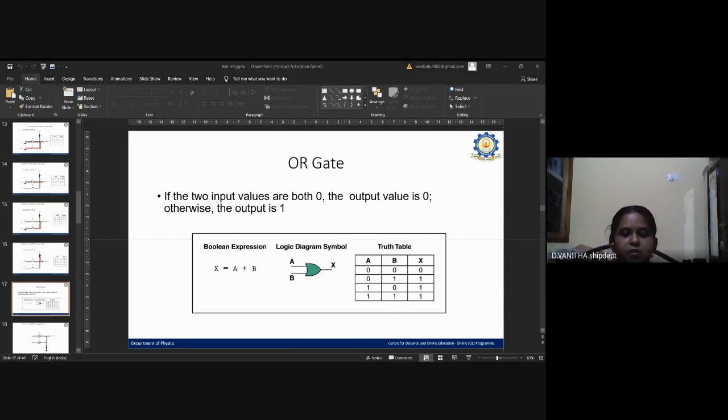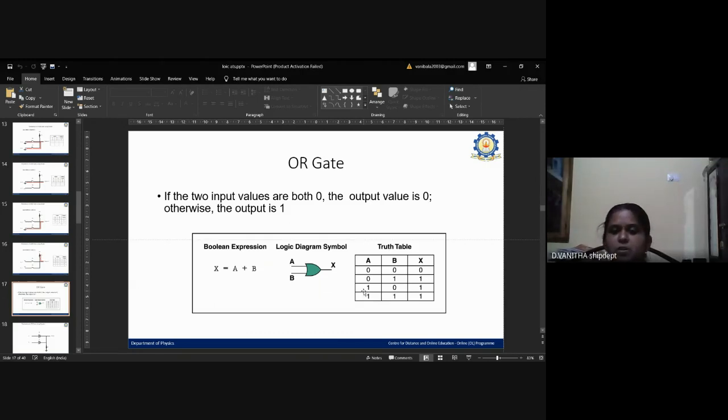The truth table is also explained here. If one of the inputs is 1, we are getting the output 1. If both the input values are 0, the output value is equal to 0. This is the condition for the OR gate.